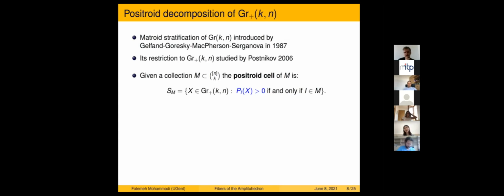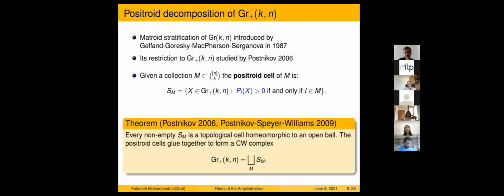Of course, if you choose the collection badly, the corresponding cell could be empty. What is shown is that every non-empty positroid cell is a topological cell, homeomorphic to an open ball, and the positroid cells glue together nicely to form a CW complex, namely the positive Grassmannian.